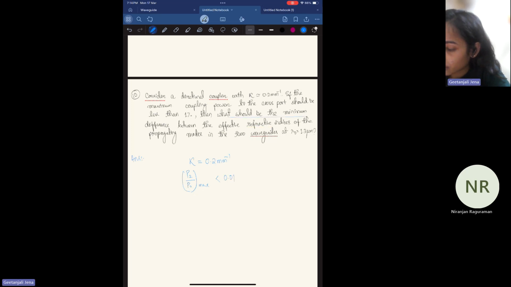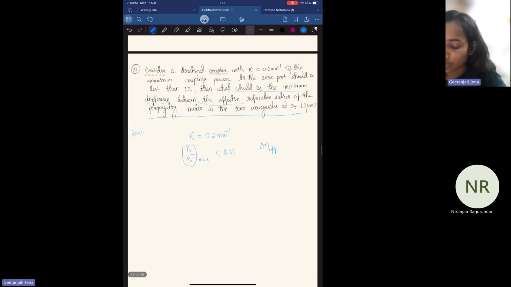Then what should be the minimum delta N effective for the propagating modes in the two waveguides at lambda 0, 1.3 micrometer? So how you can approach this question?